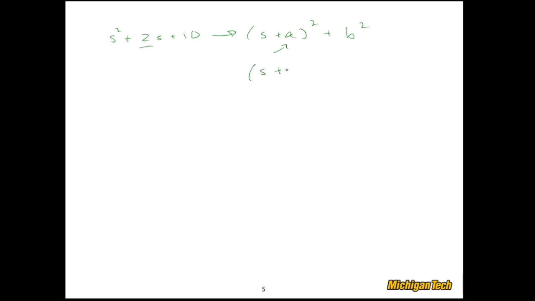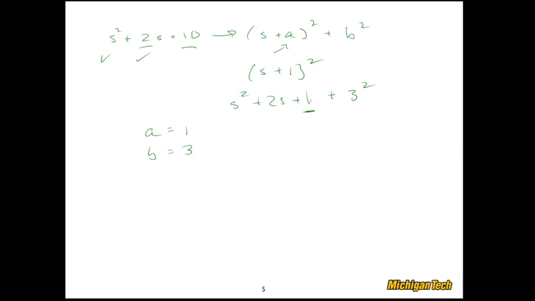So this is going to be s plus 1 squared. You can double check that because you square it out, you get s squared plus 2s plus 1. So that works. And so my b squared, in order to get this 1 up to 10, I need 9, or 3 squared. So my a was equal to 1 and my b was equal to 3.